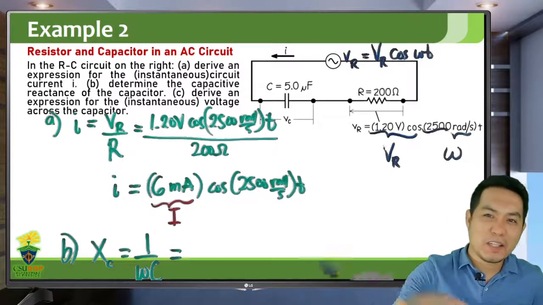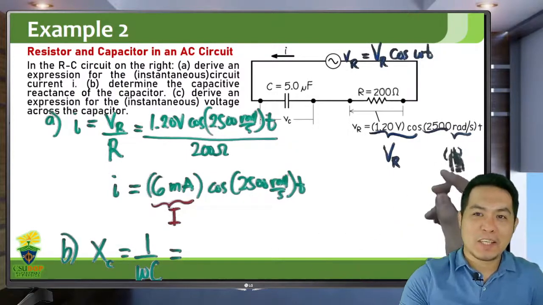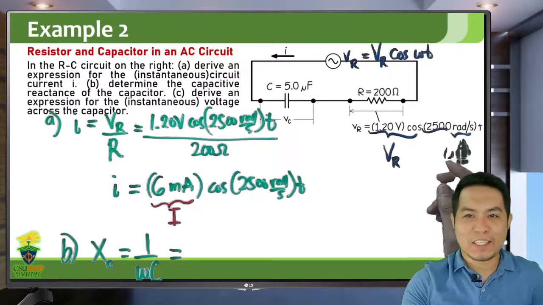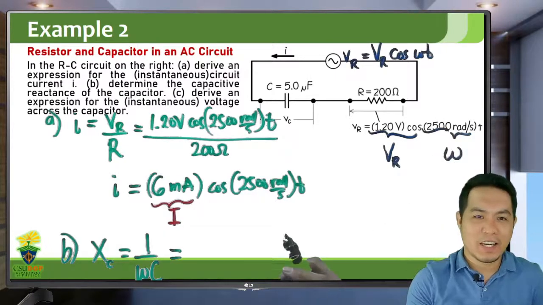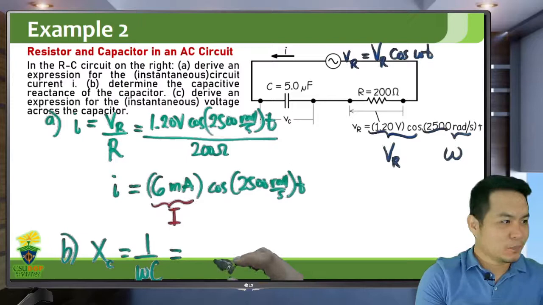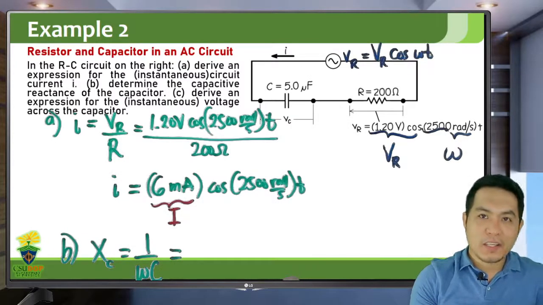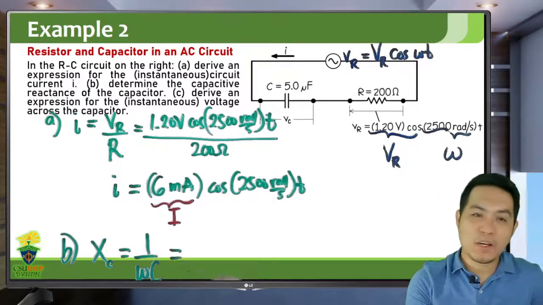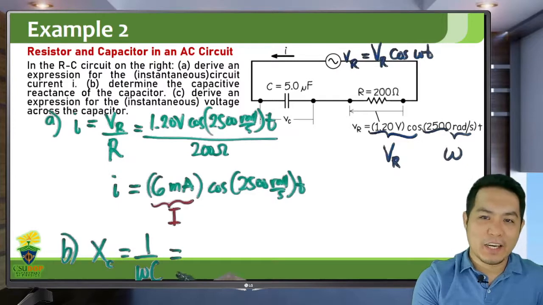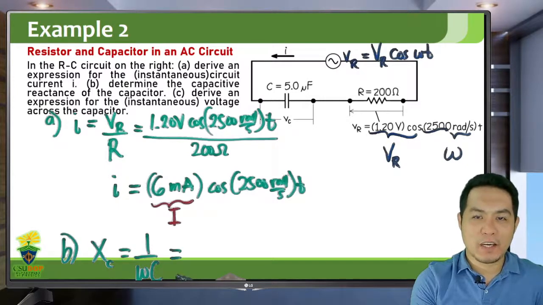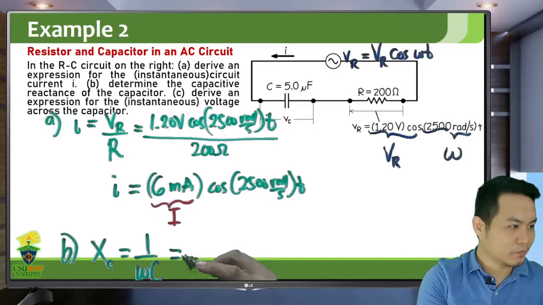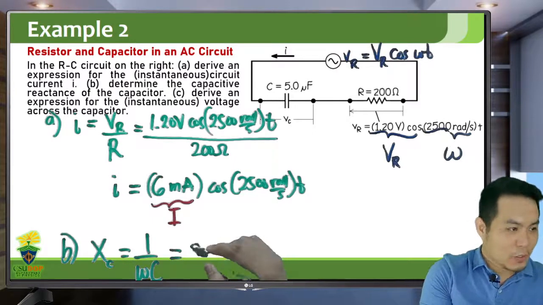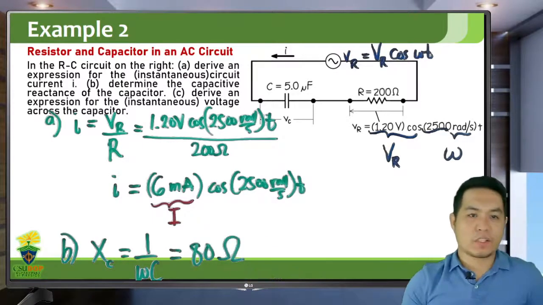But if you go into the angular frequency space, you need to add a radians unit. So in this case, we will drop the radians unit. Anyway, if you are calculating resistance or reactance, the final unit should be in ohms, provided all of your units are in standard SI units. So you will actually get 80 ohms for letter B, the capacitive reactance.